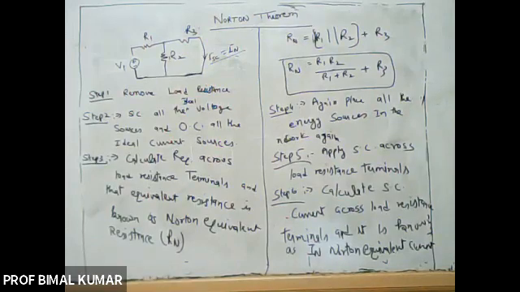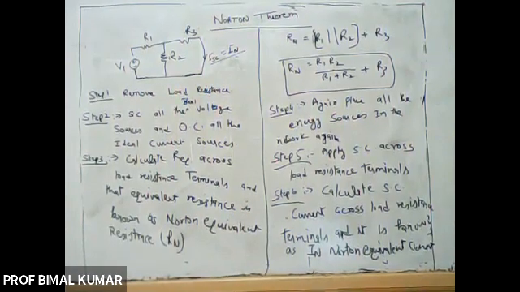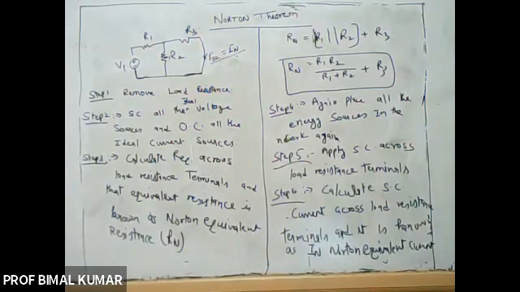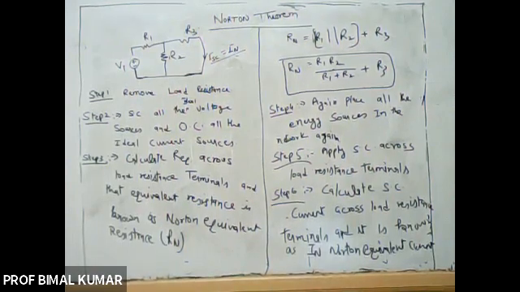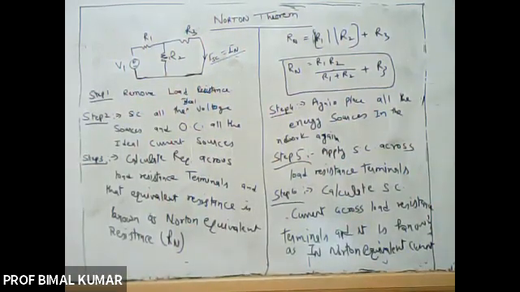In case of the Thevenin theorem, we have to calculate VOC, the open circuit voltage, and that is known as VTH, Thevenin voltage. Here, in case of the Norton theorem, we have to apply the short circuit and calculate ISC, and that ISC is known as IN.